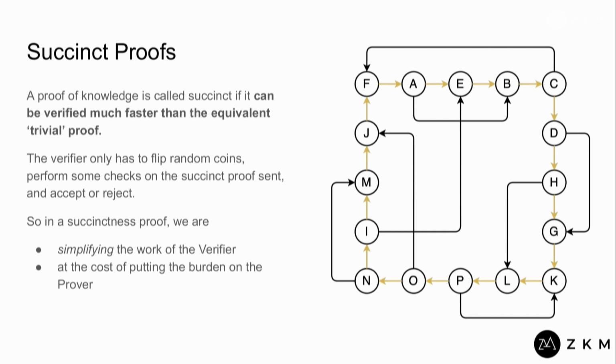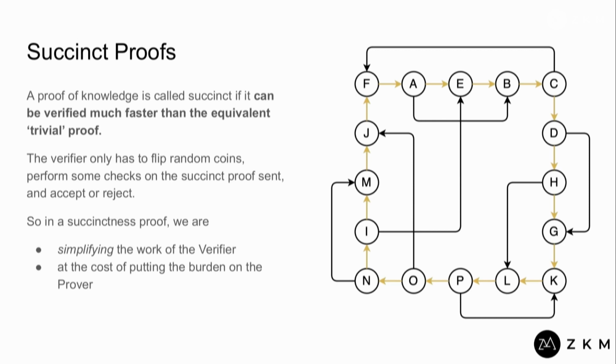On the other hand, we can have different criteria. We may want the proof to be short, because in some contexts the prover is much more powerful than the verifier, and so the verifier doesn't have the computational capacity to process and verify the proof.